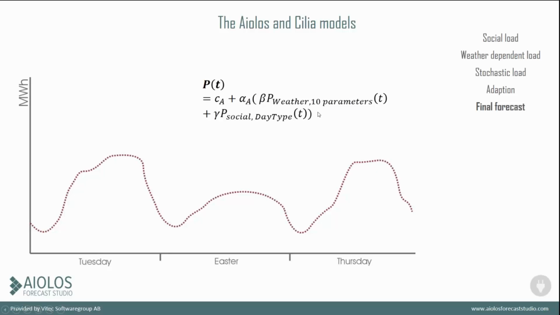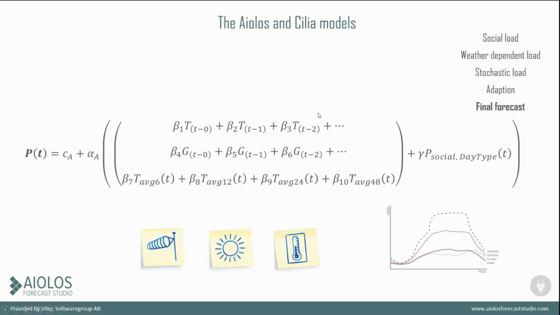And if we go into details, we can see here for the weather dependency we have the temperature for hour 0, for the last hour, and for the previous 2 hours. Same for global radiation, and then moving averages for the chill factor, so moving averages for 6, 12, 24, 48 hours, and these are calculated from temperature and wind.